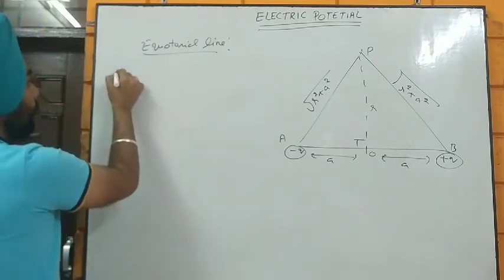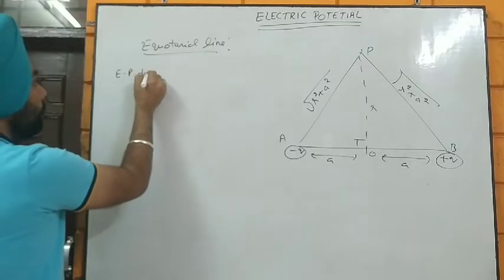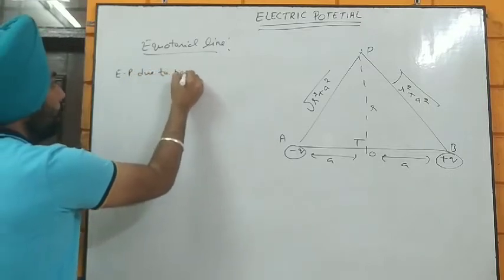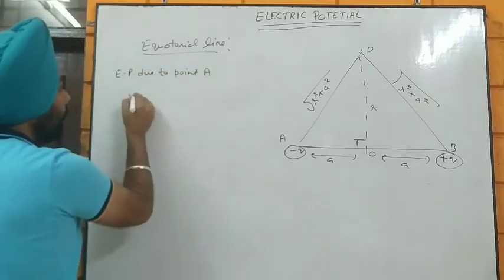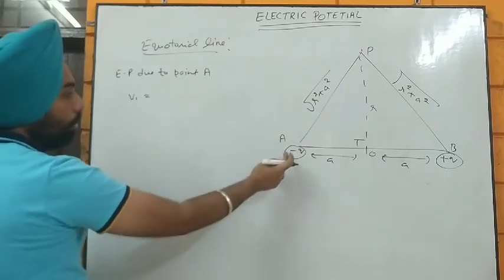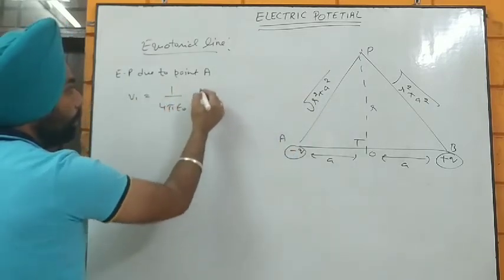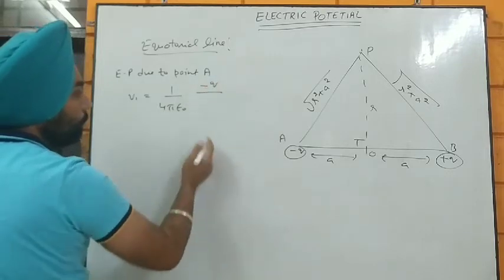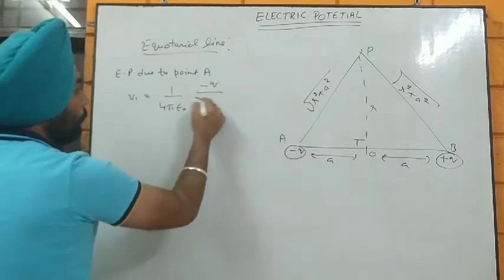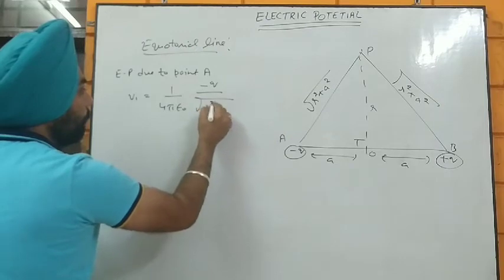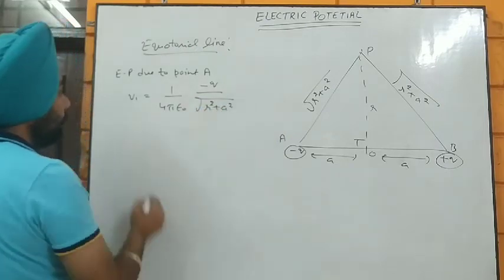Now the electric potential due to point A, let's take that as V1, which is going to be 1 over 4 pi epsilon naught times minus q, because of this minus q, and the distance is going to be the square root of r square plus a square.